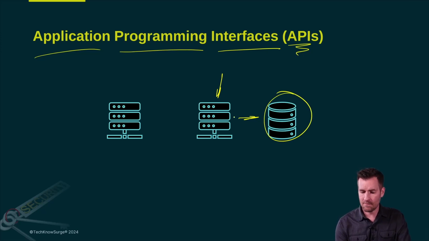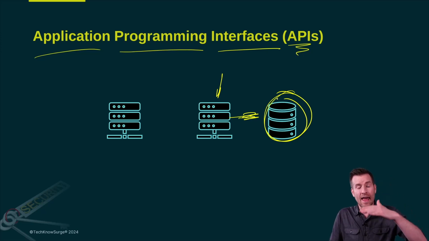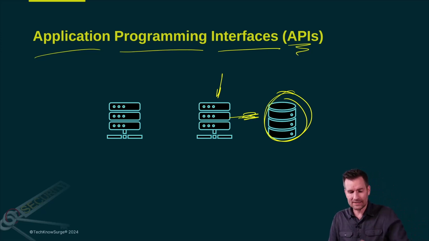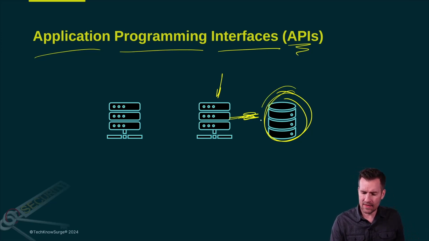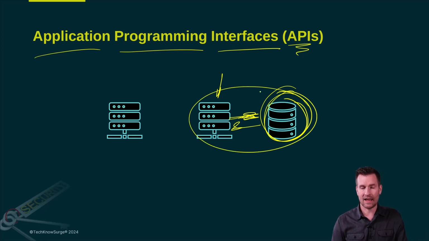What it can do is make API calls to the database. It's a certain format of how it's going to be requested. So it's going to make the request in a certain format, and then this database will respond with information, respond to that request. And we can do it not only between a server and databases, but also between servers.